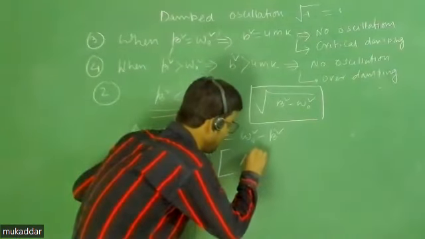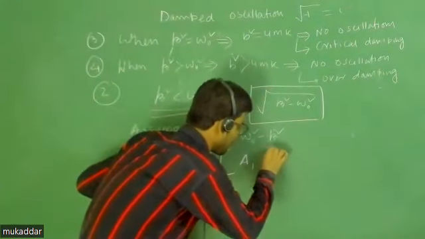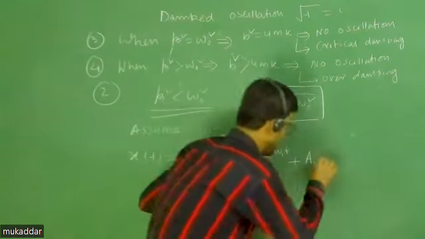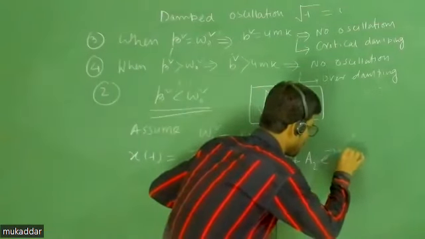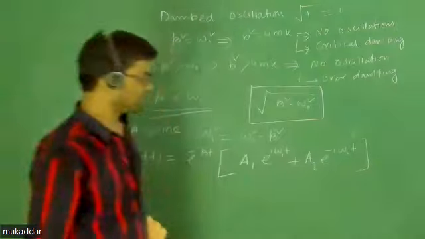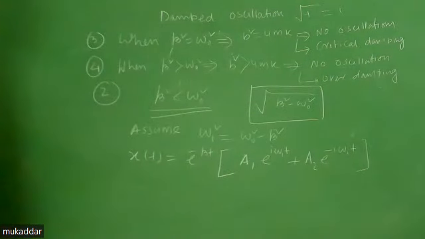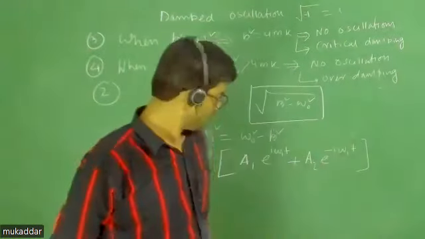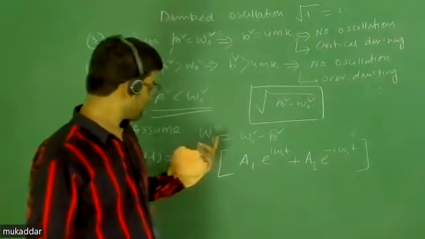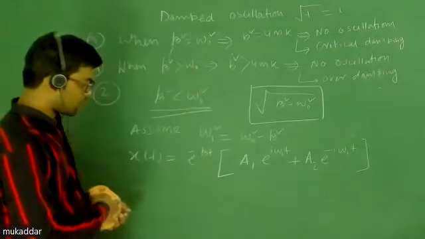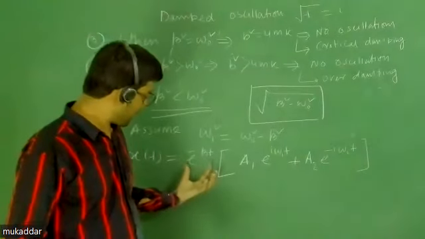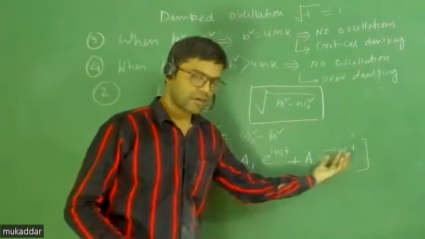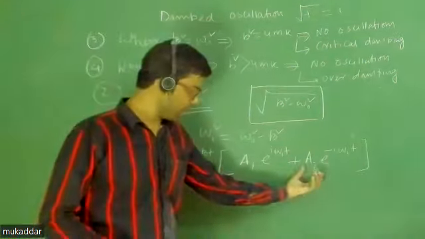If you substitute it carefully, you'll have e to the power i omega on t, and then the second term a2 e to the power minus i omega on t. Check it. Everybody is getting this? So you will have e to the power minus beta t, a1 e to the power i omega on t, a2 e to the power minus i omega on t, and what are a1 and a2 here?